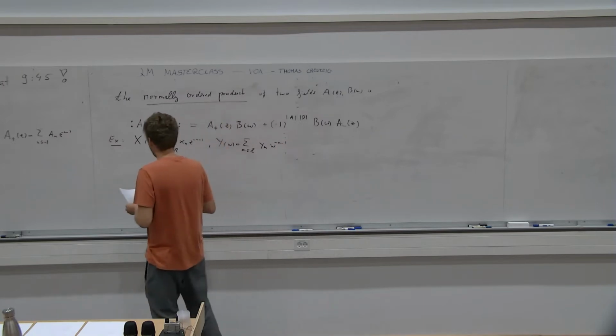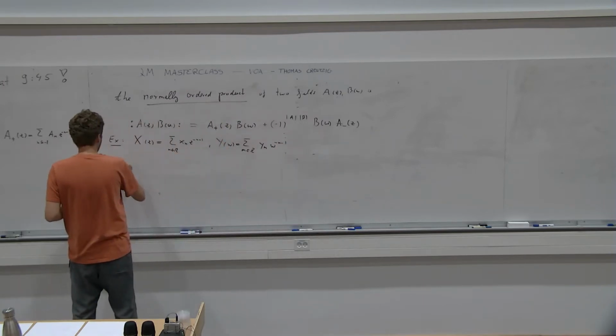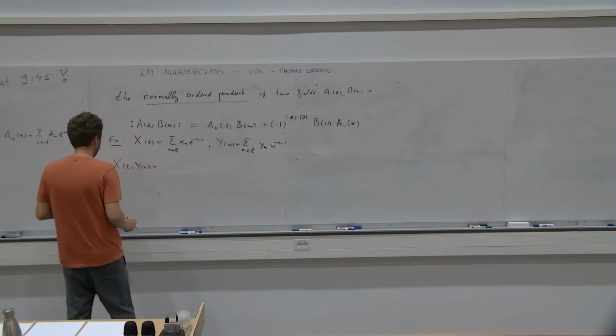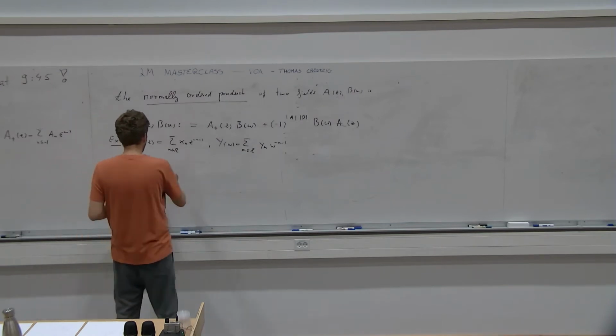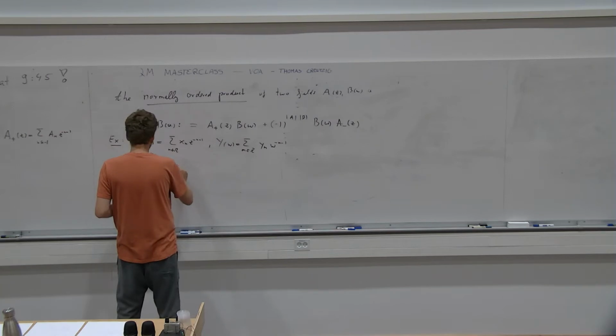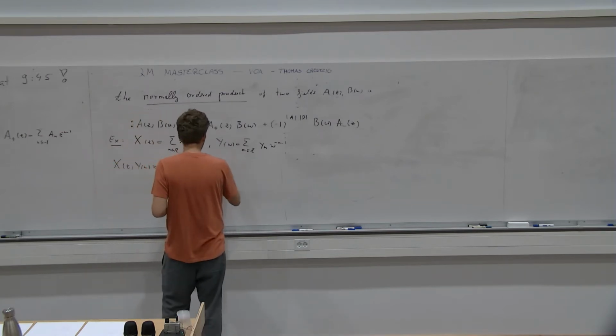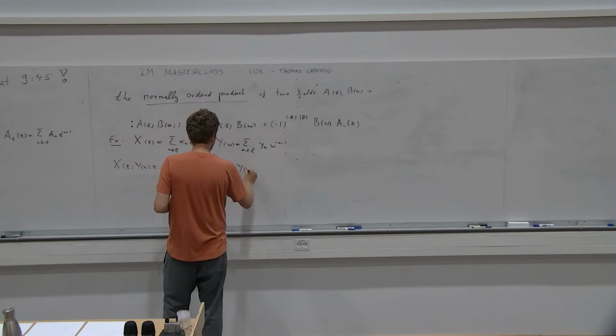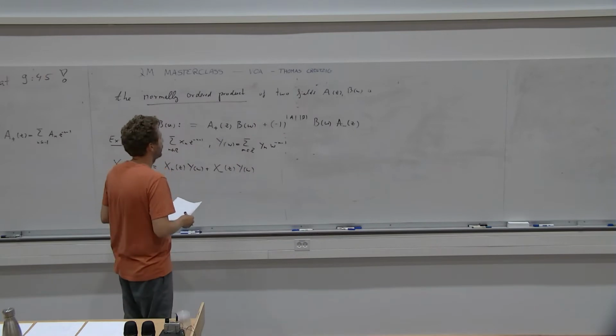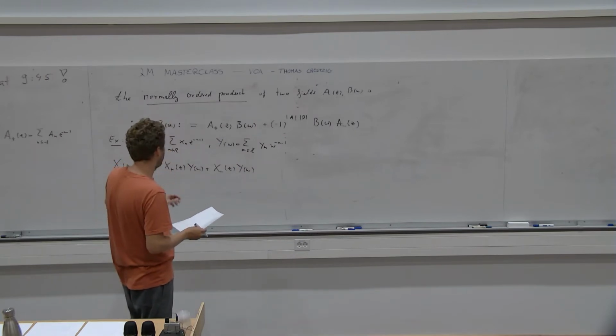And let's now look at the product of x with y, the honest product. Now, of course, I can write x as its positive part plus its negative part. And now I want to have the normal ordered product in there.